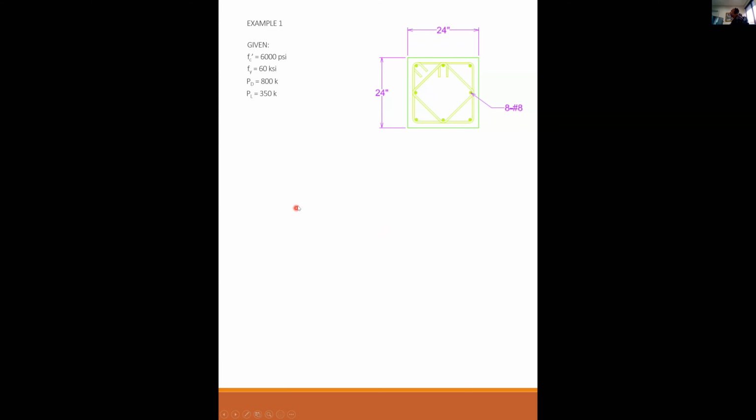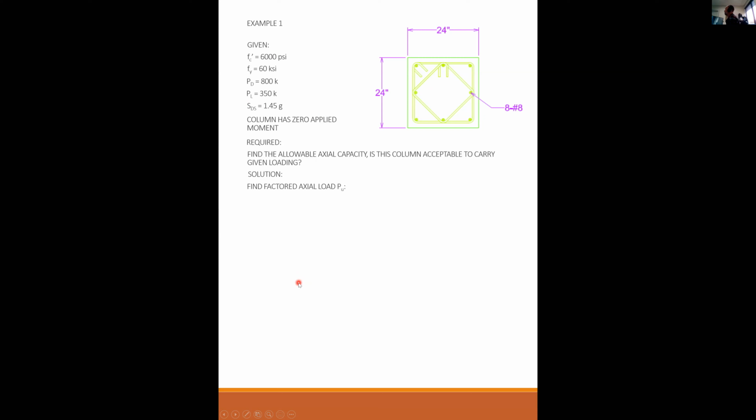The live load is 350 kips, and we have a seismic factor, SDS, of 1.45 g's. The column has 0 applied moment, as I said. So find the allowable axial capacity, and is this column acceptable to carry the given loading? Is this an acceptable design?